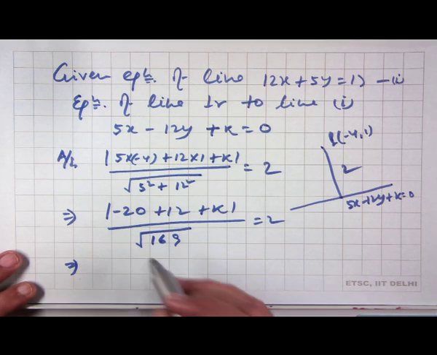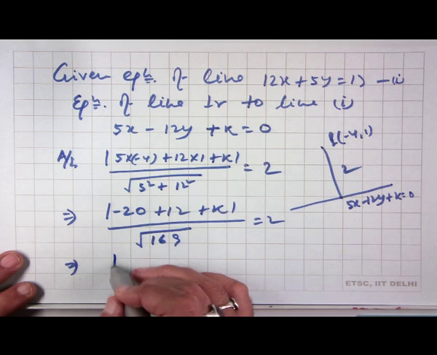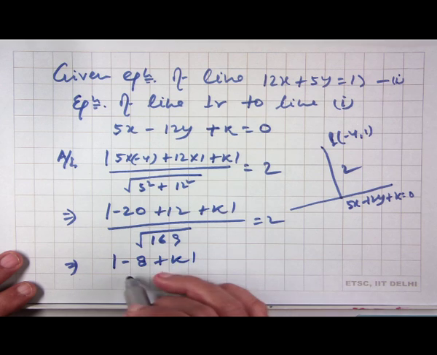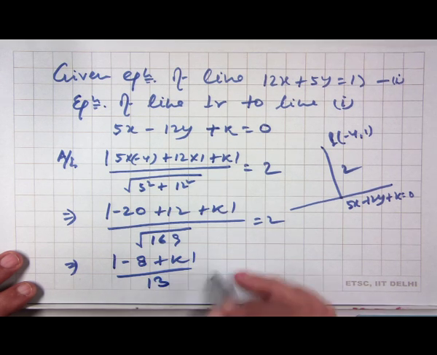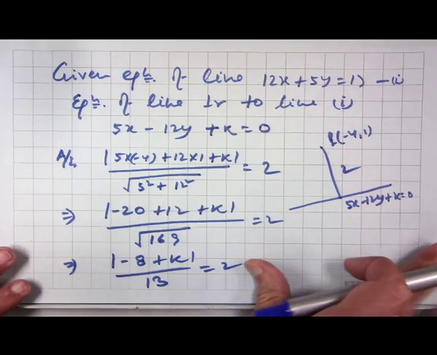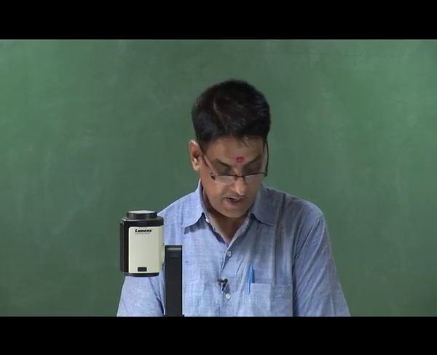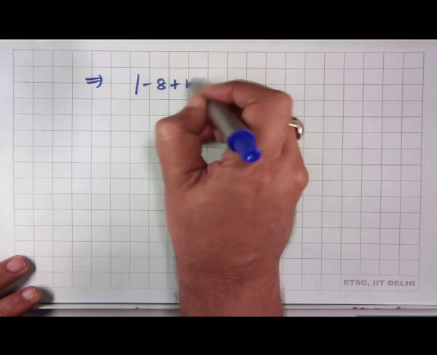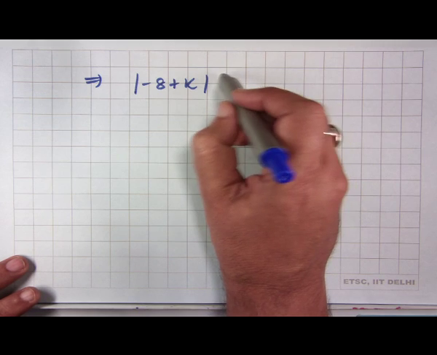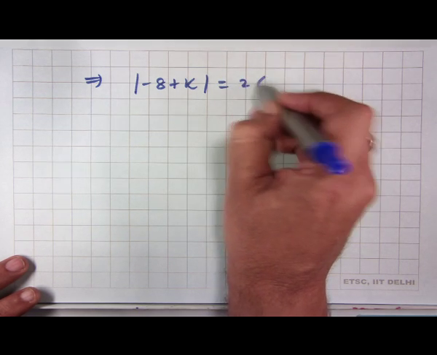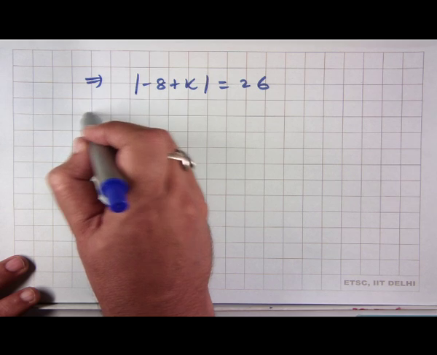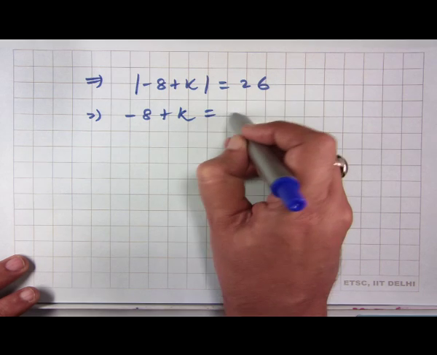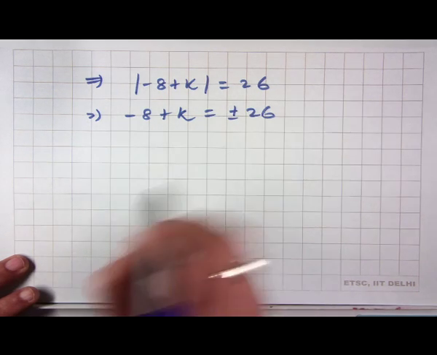So |−8 + k|/13 equals 2. This implies |−8 + k| equals 26. So −8 + k is equal to ±26.